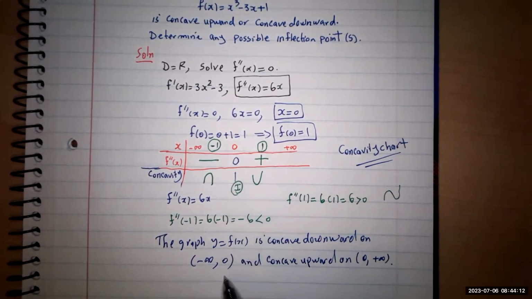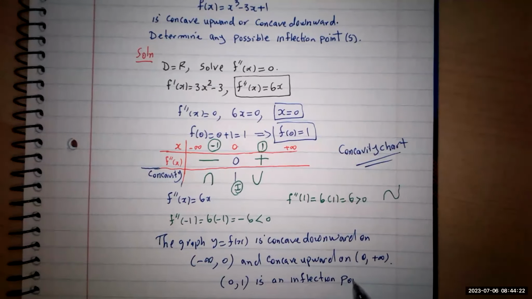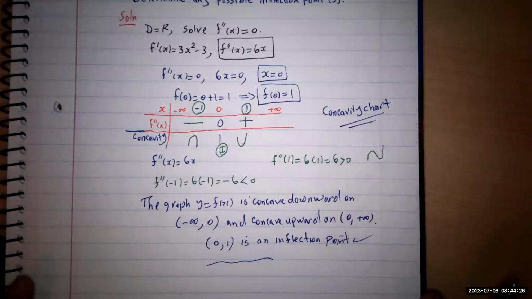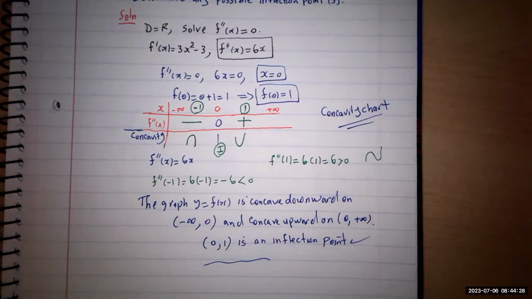Then you declare that the point (0, 1) is an inflection point. This is where you are going to get the 10 points from this one on the test. It's an easy question, but make it short.